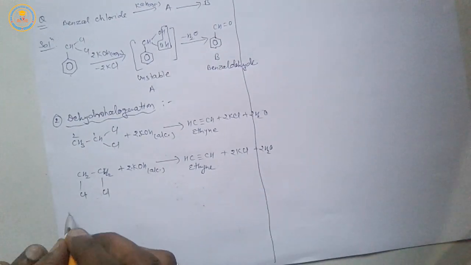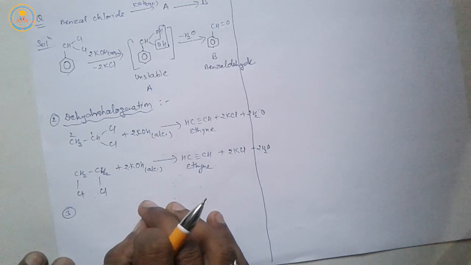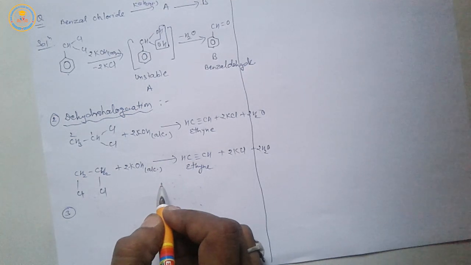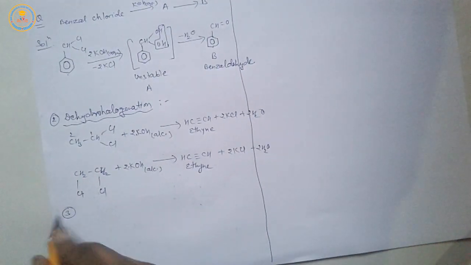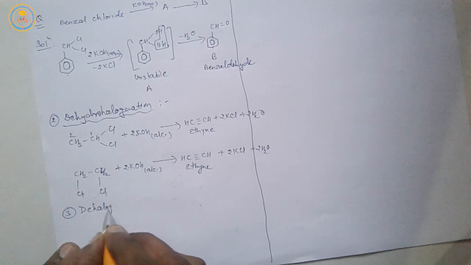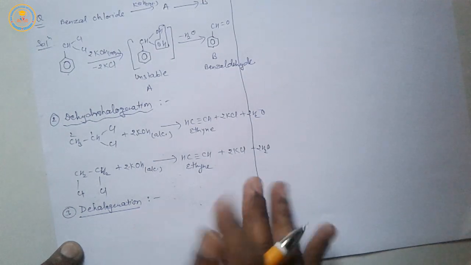Now next, third chemical property of dihalogen derivatives, that is dehalogenation.